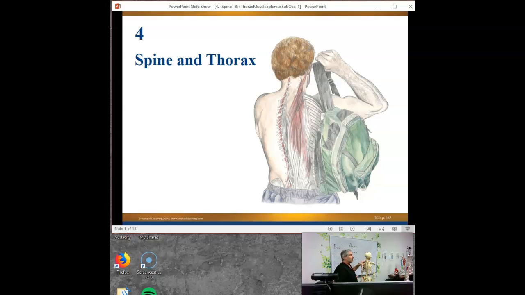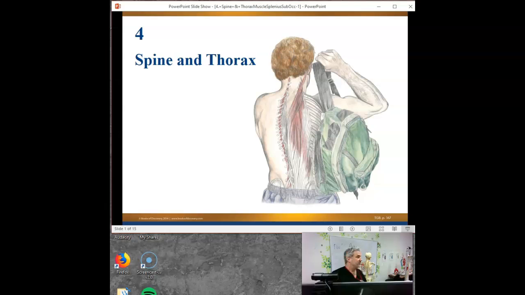And then Miss Yanez. The traps share an attachment. Their insertion is another muscle's origin. What is that muscle? It's named by its shape. Is it the deltoid? It is the deltoid all day long.